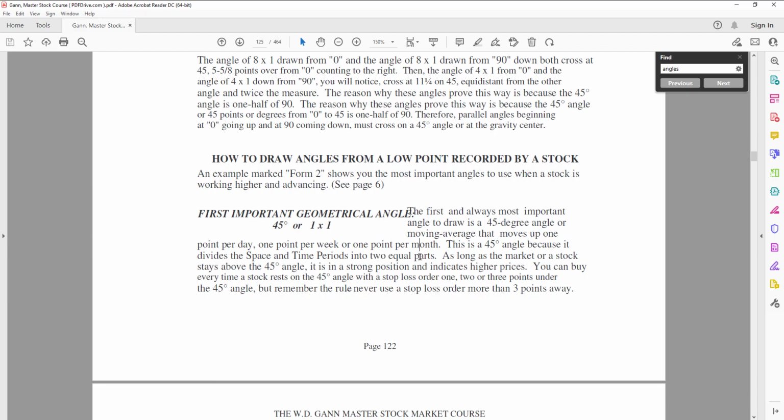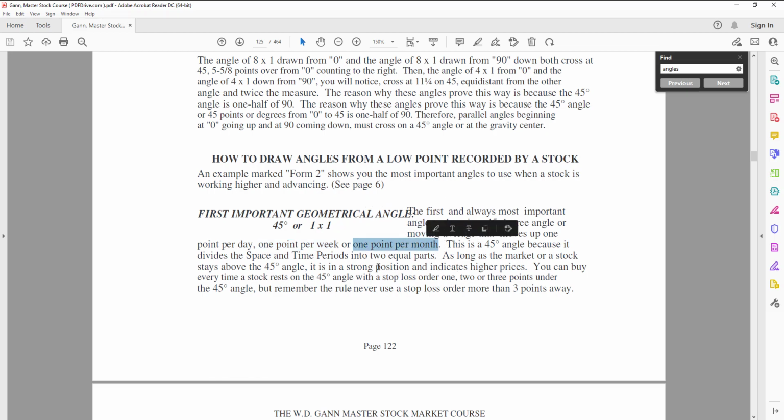So let's draw a 45-degree angle. Remember the rules. An angle that moves from the origin point 1 point per day, 1 point per week, or 1 point per month.